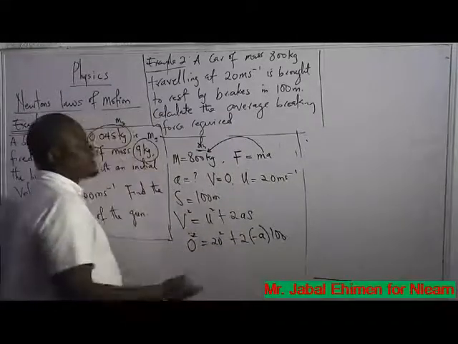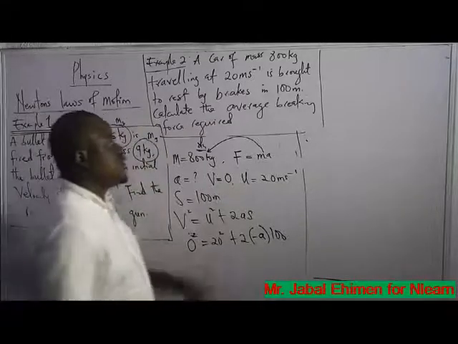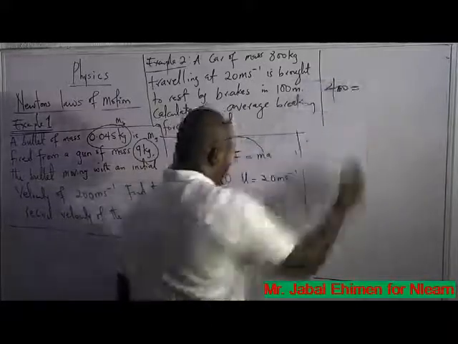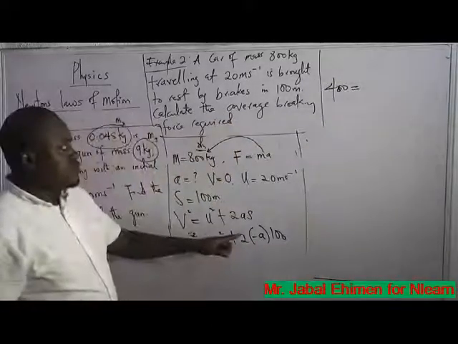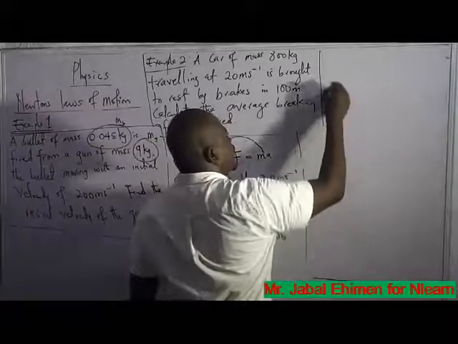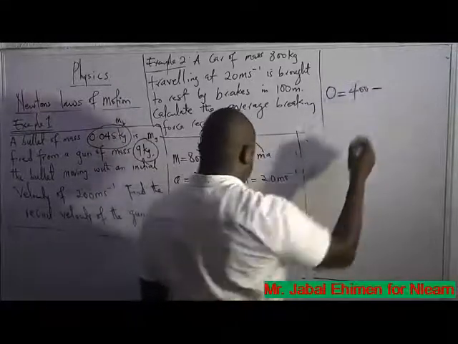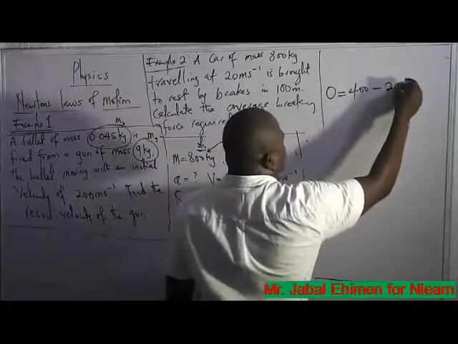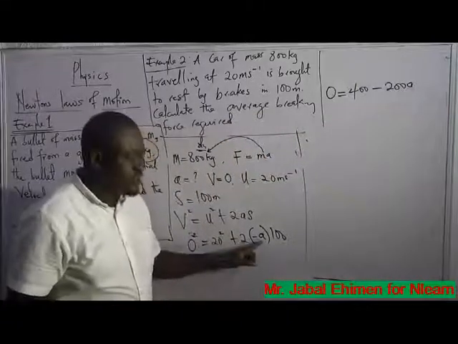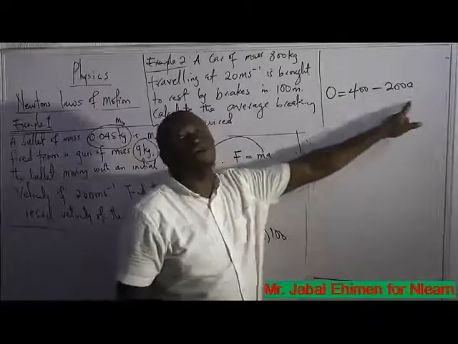So from here, I can take my values in raw calculation. 20 squared will be 400. So you have 0 is equal to 400 minus 200a, meaning 2 times minus a is minus 2a, and minus 2a times 100 is minus 200a.